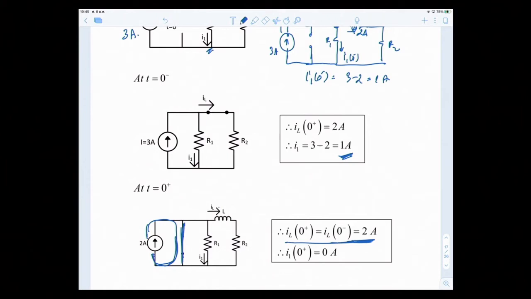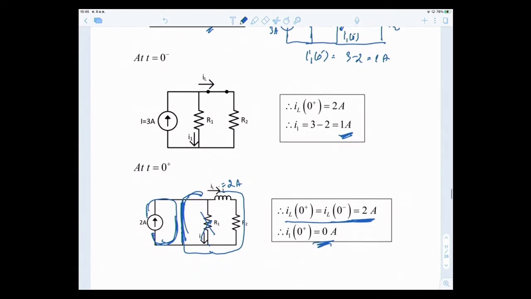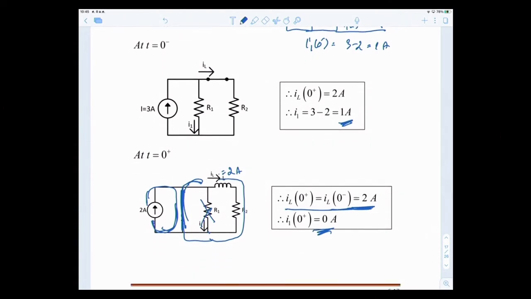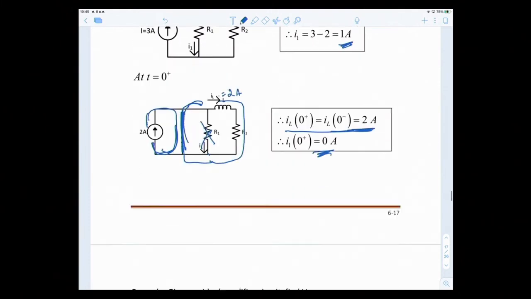So it goes here. What about IL? IL equals 2 amps, goes here, comes to this section, but this one is short also. So it goes this way instead of going through R1. That's why I1 0 plus is equal to 0 amps. So draw your circuit at the particular time to analyze your circuit and get your answer.